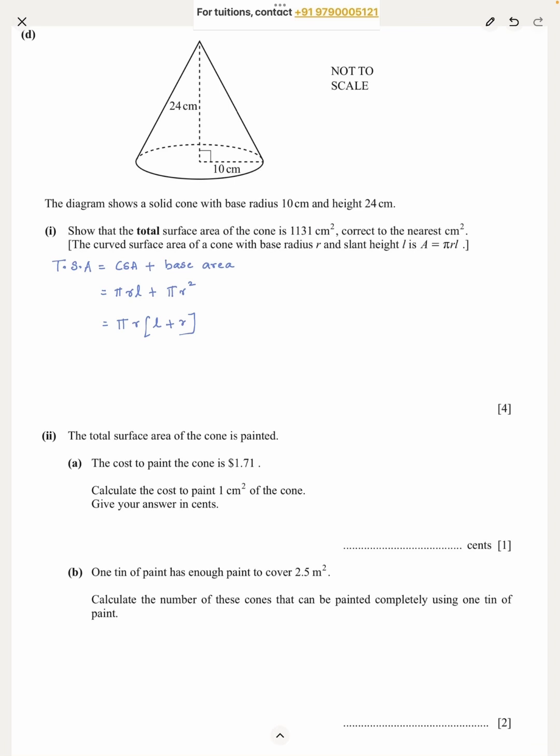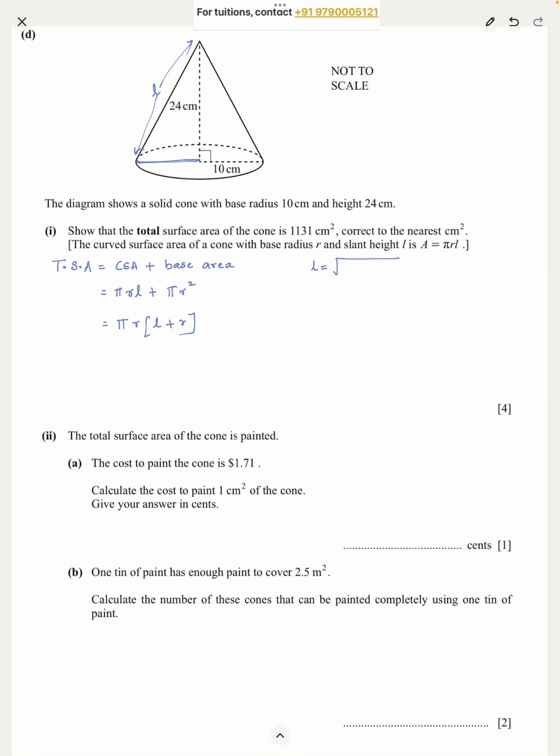But till now we don't know what is L here. So L is equal to, this is L. The slant height is L. So this portion looks like one right angled triangle. So we make use of this Pythagoras theorem.